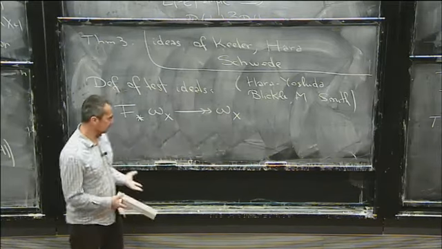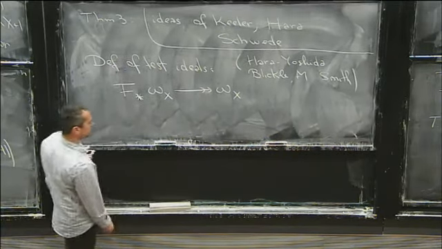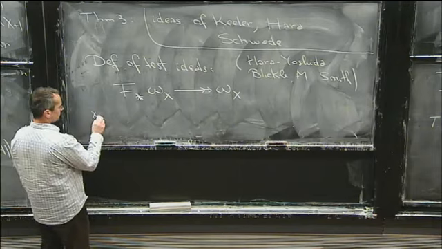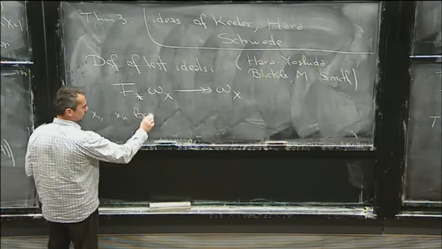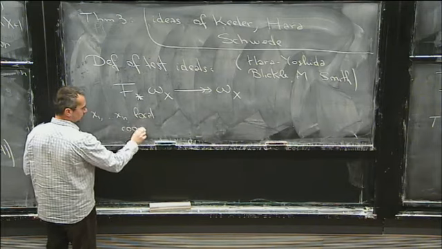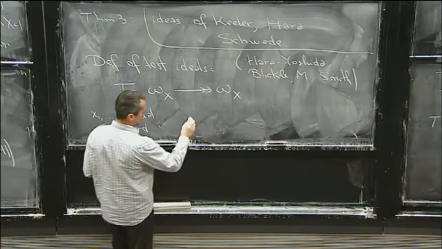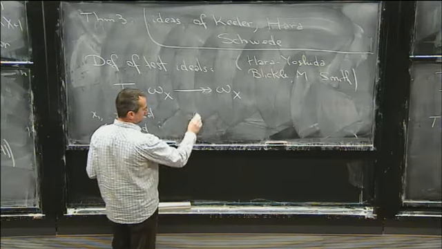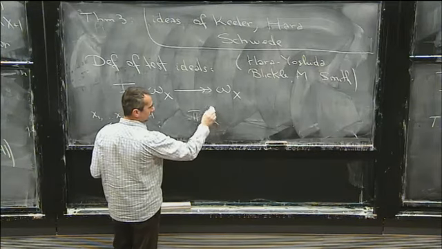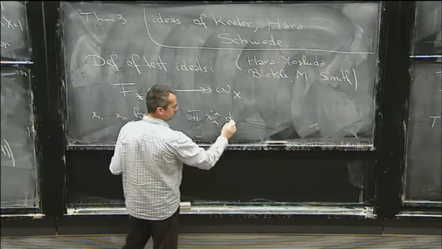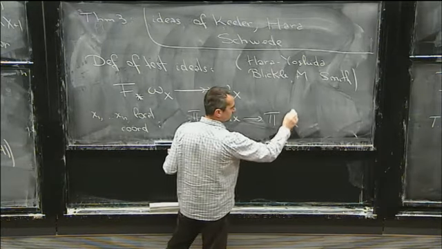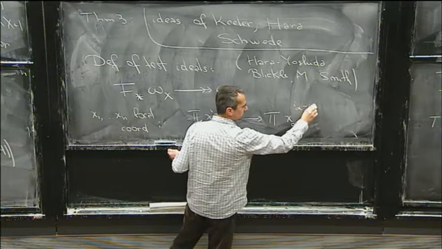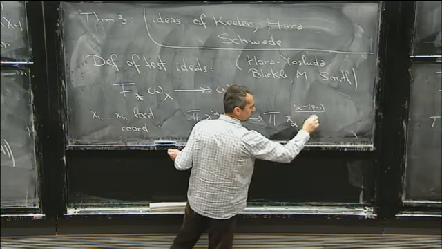But this is actually something extremely concrete. So basically what you do is, if you have x1 up to xn local coordinates, how is the map defined? Let's say I have the product of x_alpha to the i_alpha dx. It goes to the product of x_alpha to the (i_alpha minus (p minus 1)) over p times dx.